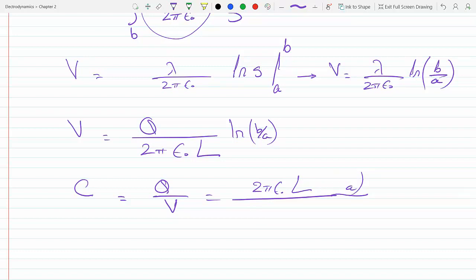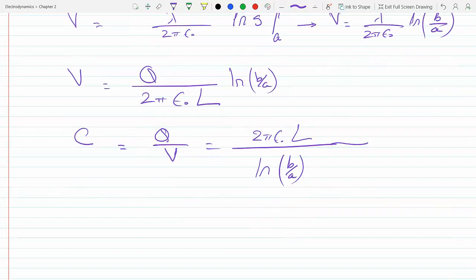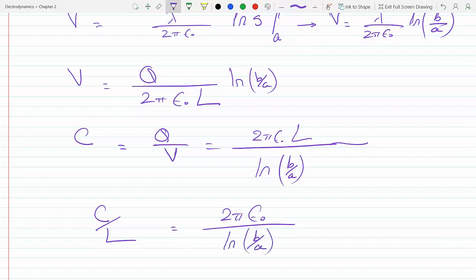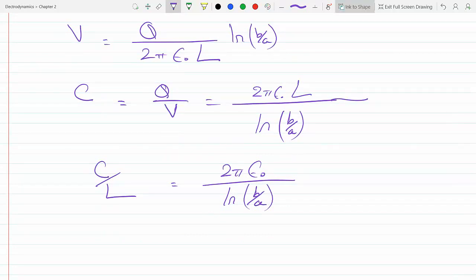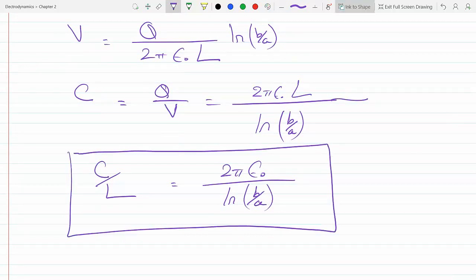Having some algebra issues here. So this is ln B over A. And since it's asking for capacitance per unit length, I could divide both sides by L, and my final answer will be capacitance per unit length equals 2 pi epsilon over ln B over A. So this would be the capacitance per unit length of that conductor.